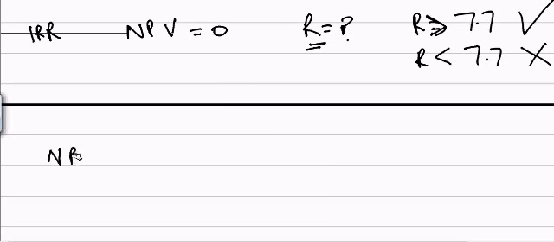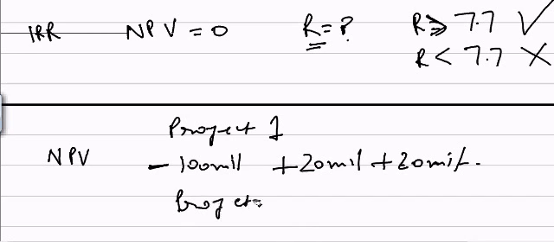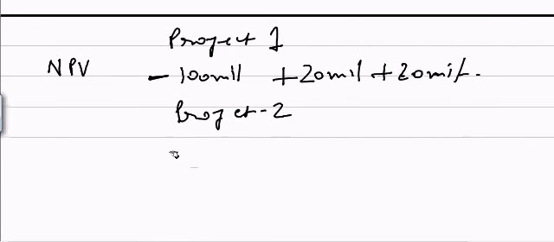So you invest 100 million and then you get 20 million each for the next years. And there's another project, project 2, which requires a cash flow of 1 million and then gives you a return of 0.2 million.